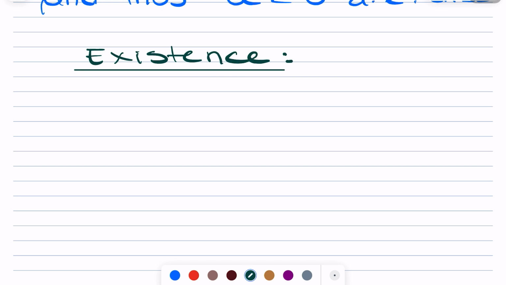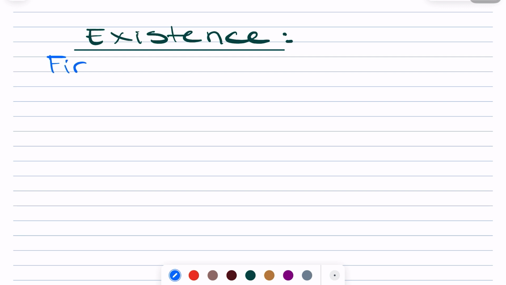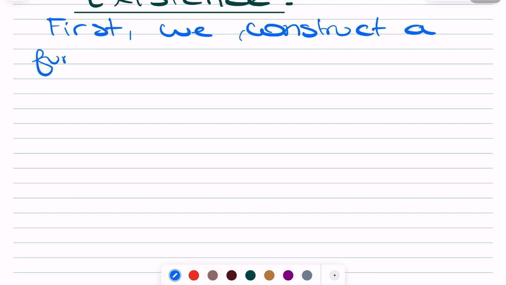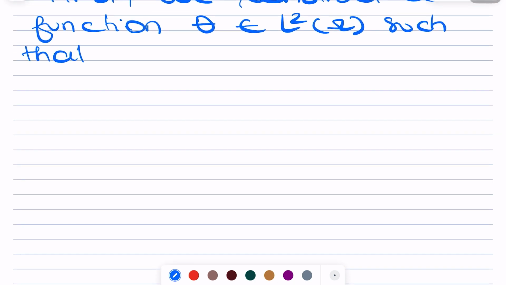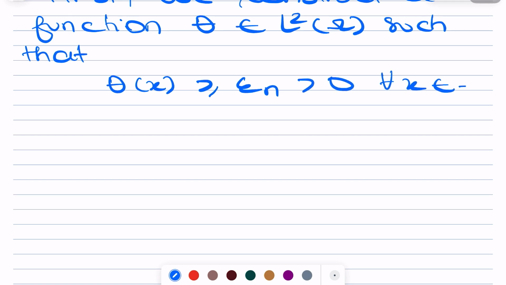Okay, so first we construct the function that we call theta in L2 of omega, such that theta of x is greater or equal than epsilon n, which is positive, for every x in omega n.